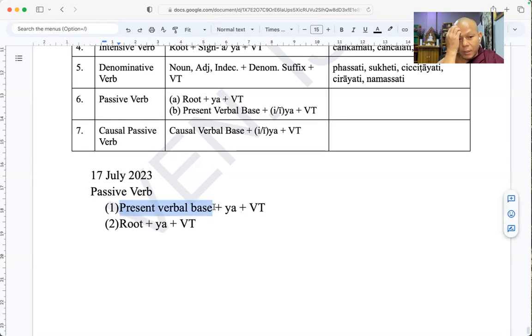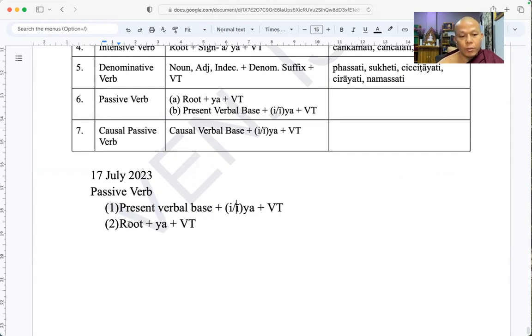Here, in the same way, we form the past participle or gerund or infinitive. If we form the passive verb by adding the suffix to the present vowel base, then before that E is added, though sometimes in some forms E also can be seen.